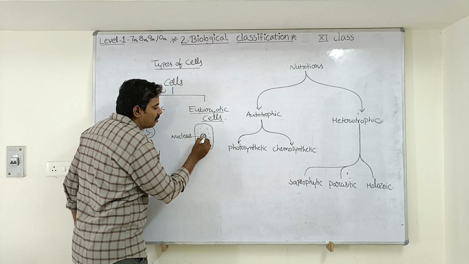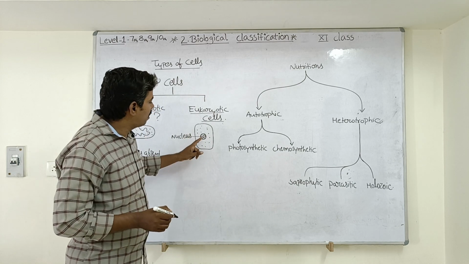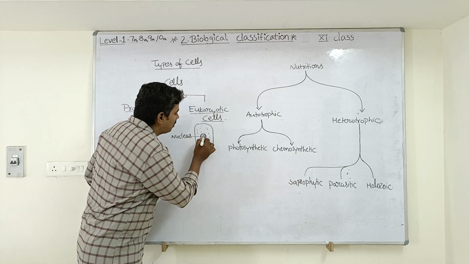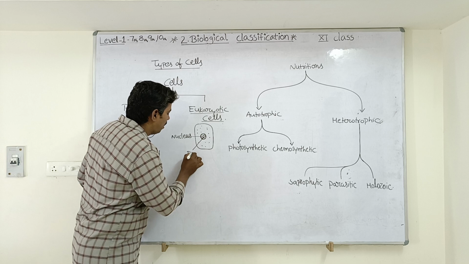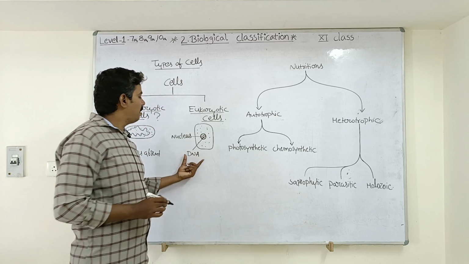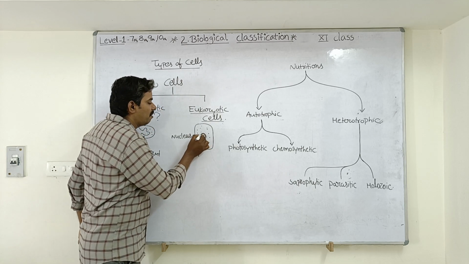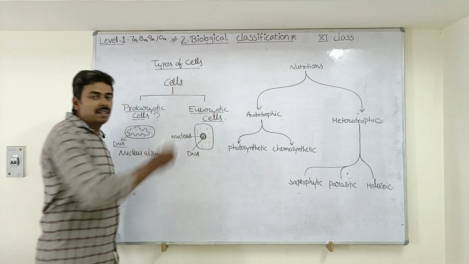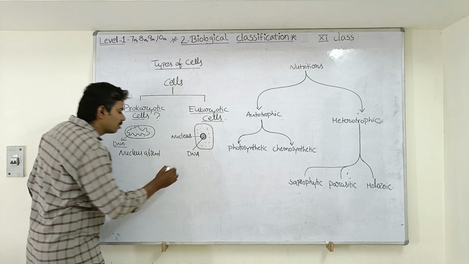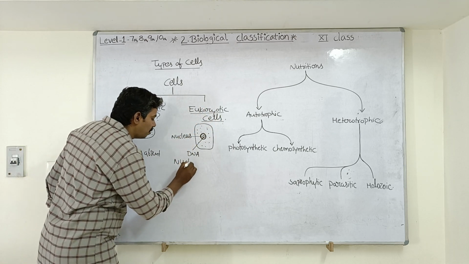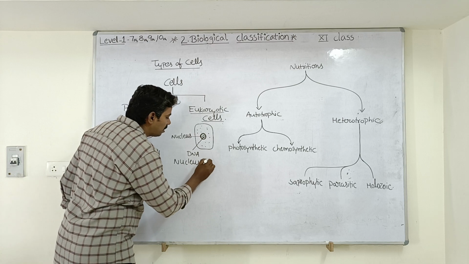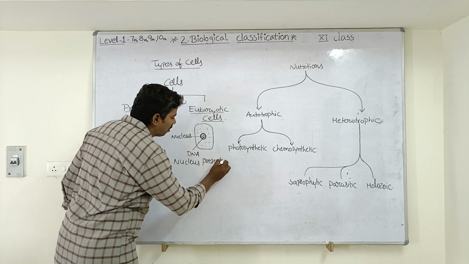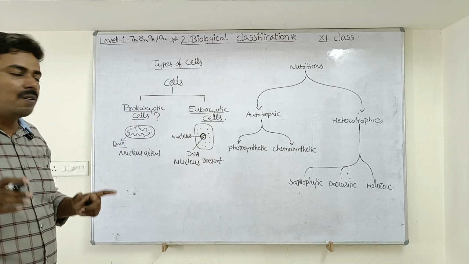Inside the nucleus there will be DNA. So when the DNA is enclosed inside a well-defined nucleus, they are called eukaryotic cells. So here nucleus is present. Such organisms are called eukaryotic.